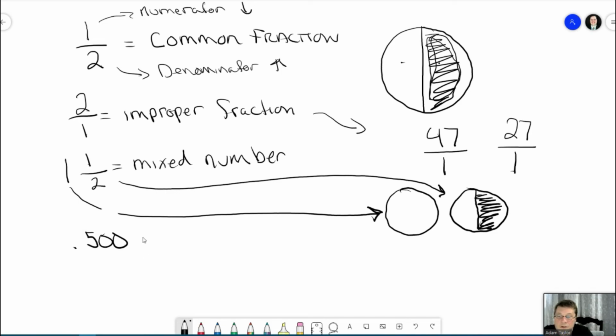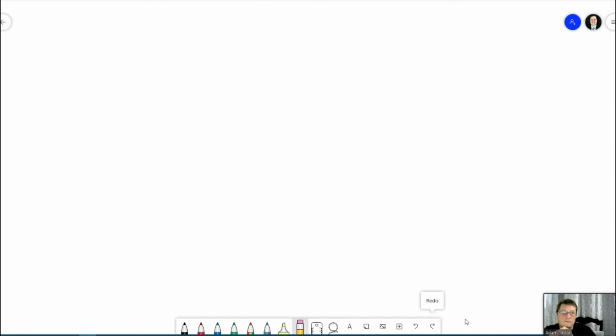This is also a fraction, but it is our decimal fraction. So keep these in mind, because we will be referring to these 4 different types of fractions. We're going to go over a couple of examples right now of how to convert back and forth between common fractions and decimal fractions, and then the inverse.